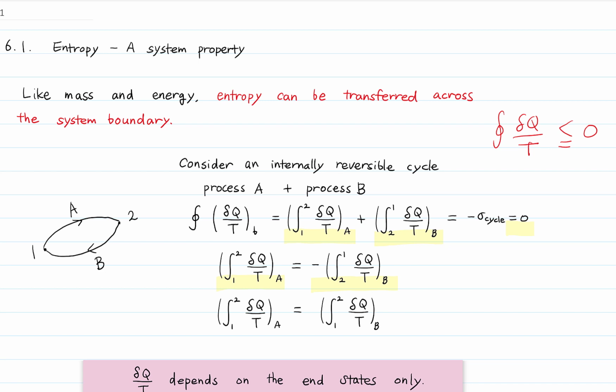Denoted by S. So at state 1, entropy S1. At state 2, entropy S2. Entropy is a property just like temperature, pressure, specific volume, internal energy, and enthalpy.